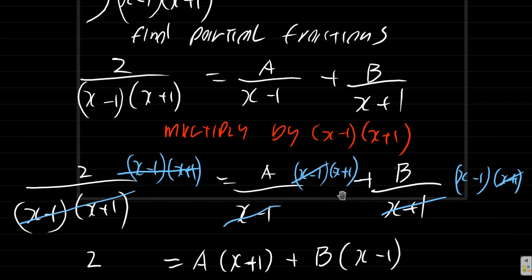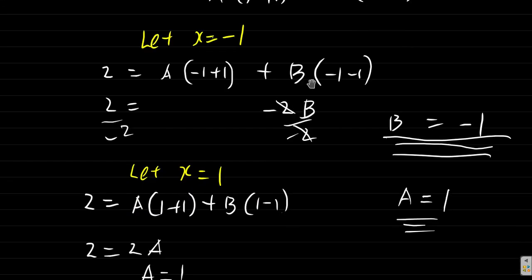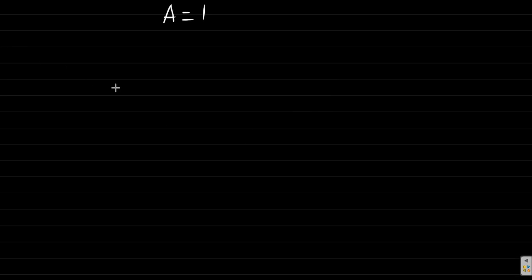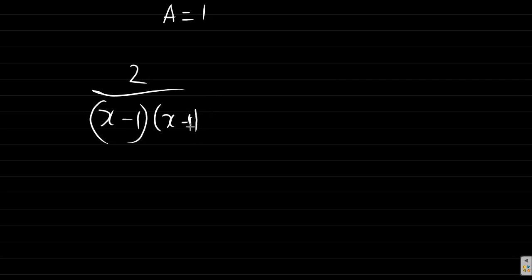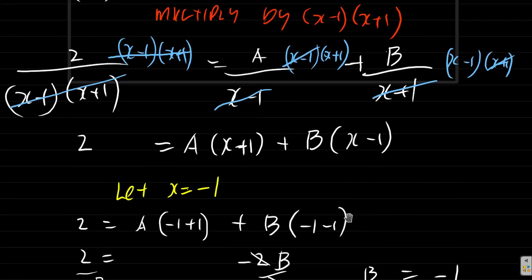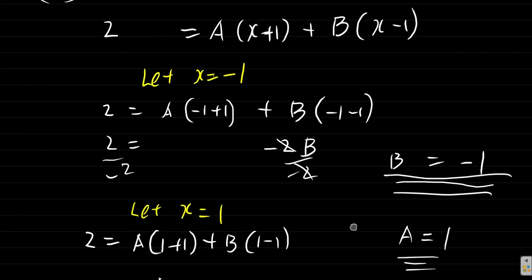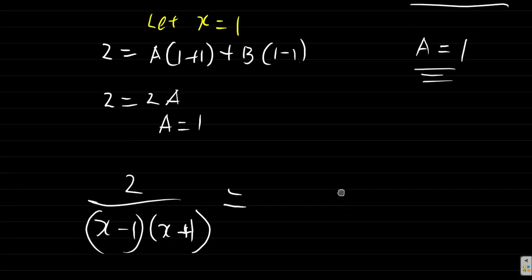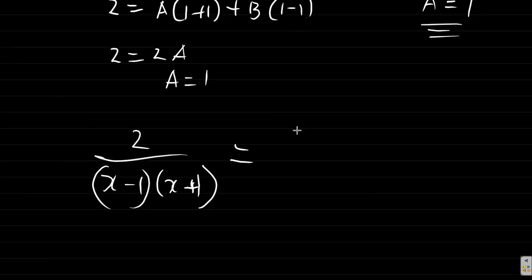So therefore, we can say that 2 over (x minus 1)(x plus 1) is equal to a over x minus 1, which is 1 over x minus 1, right?